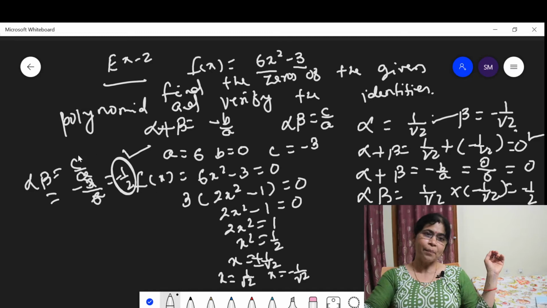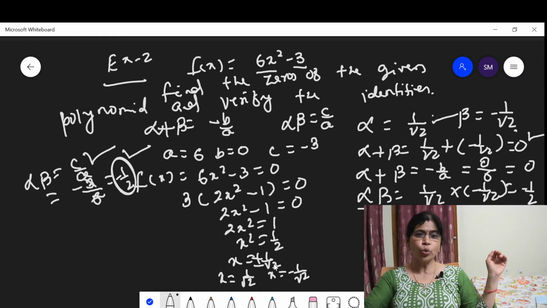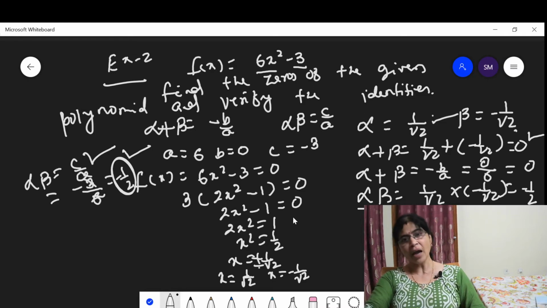By applying the formula alpha into beta is equal to c upon a, here also we multiply the two zeros, alpha is 1 upon root 2 and beta is minus 1 upon root 2. Multiplying the two zeros we get alpha into beta is equal to minus 1 upon 2, hence verified.